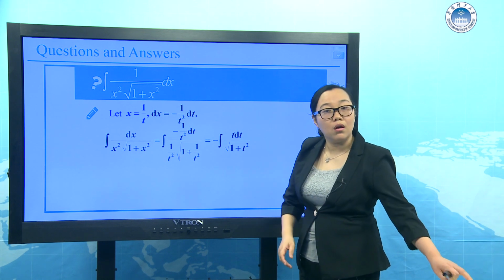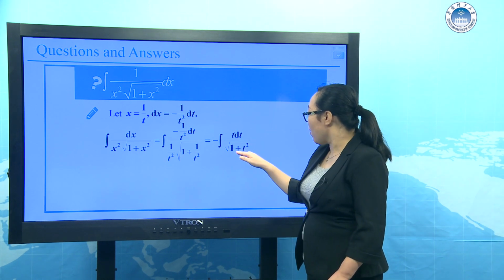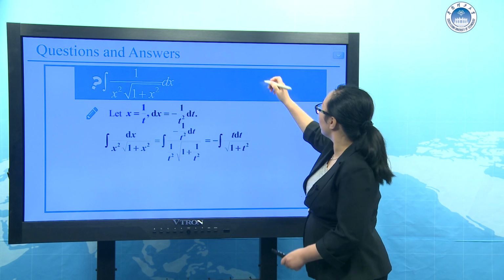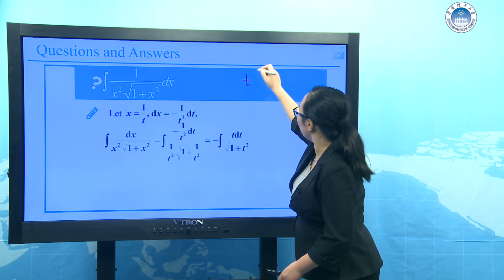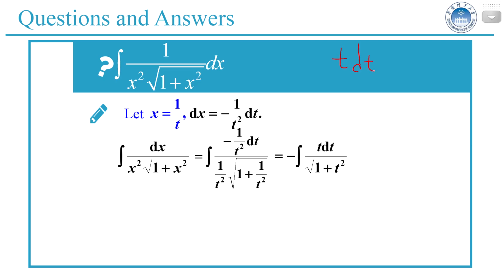How do we proceed? Yes, the square root of 1 plus t squared. So we write t dt as half of d(t squared), and this equals d(t squared plus 1). They are the same expression.